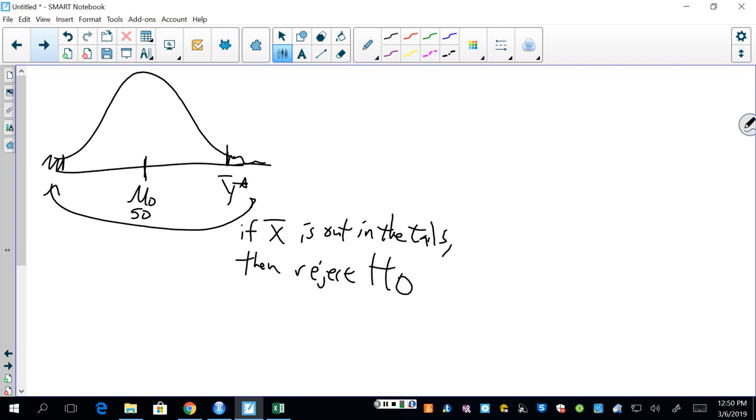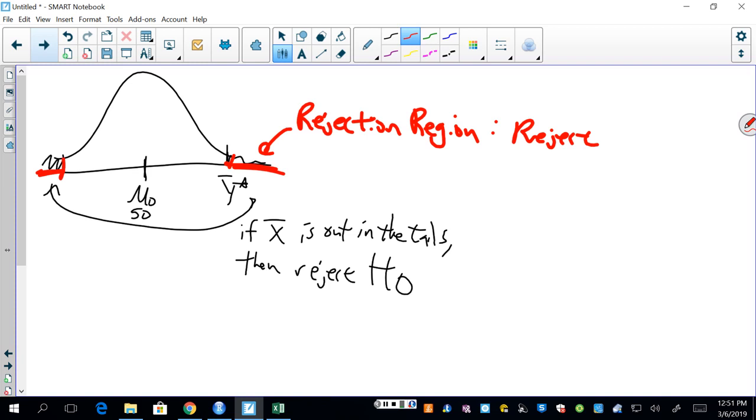If, on the other hand, X bar is closer, so this area out here in red is called the rejection region. Out here, we reject H0, and X bar is in this rejection region.